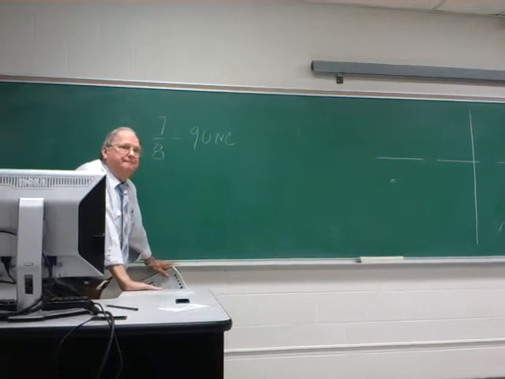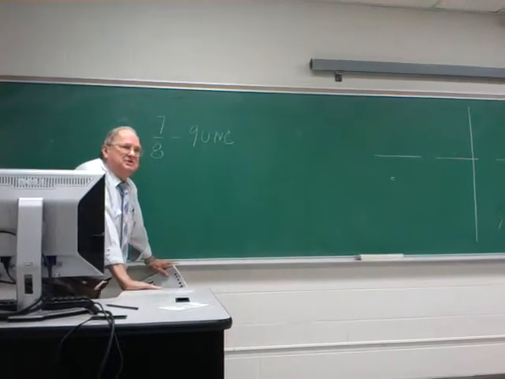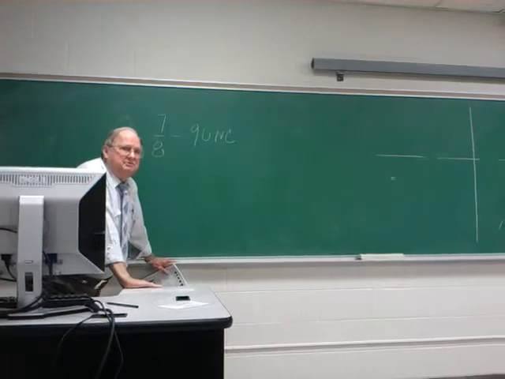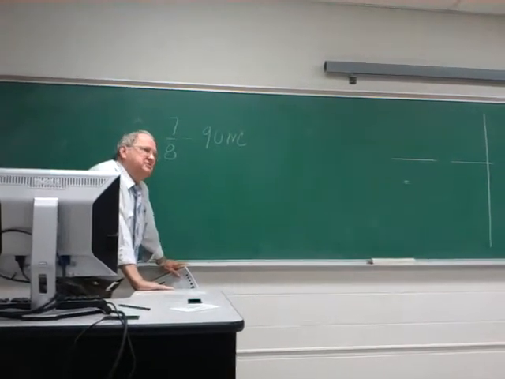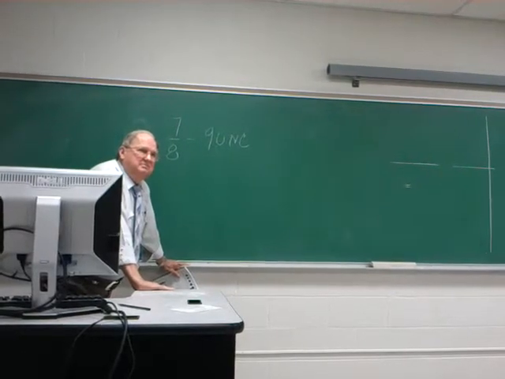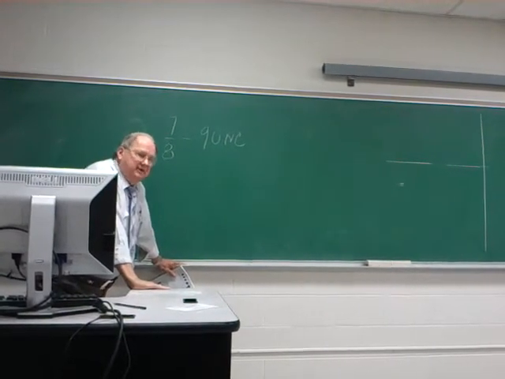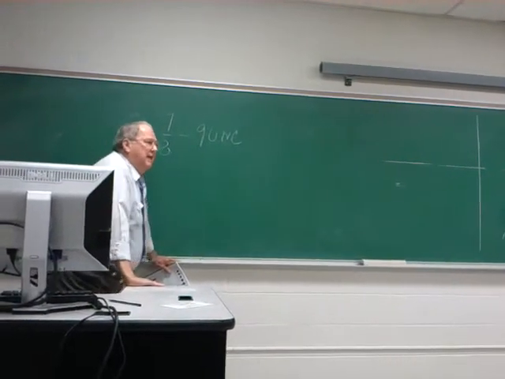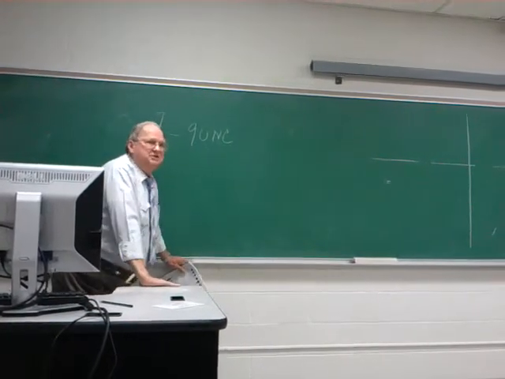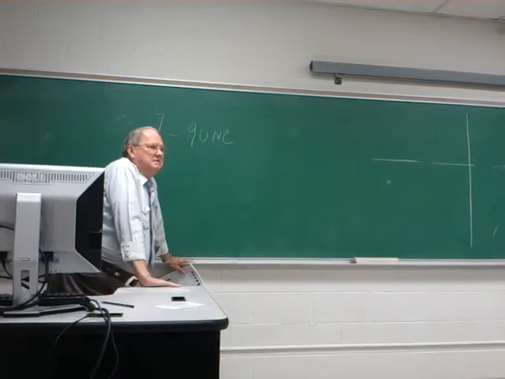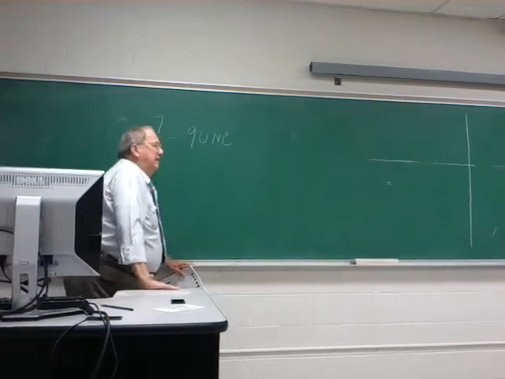This one wants 9 threads per inch, and you've got 2 inches of them, so how many threads are you going to have? 18. All right. And it's Unified National Coarse. You might see it in Unified National Fine too. You might run into that.